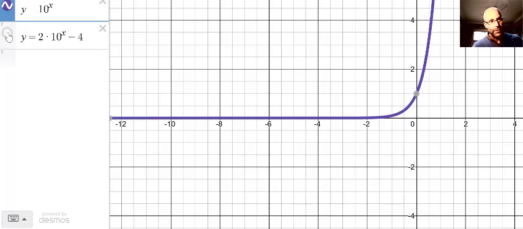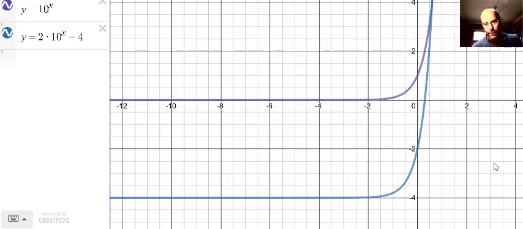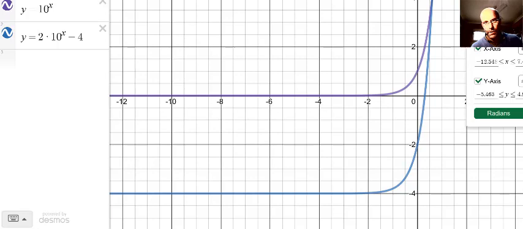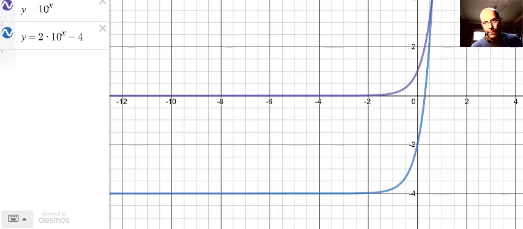So if we move it down, that behavior as x approaches negative infinity becomes, as you can see down the bottom of the screen, y approaches -4. So it doesn't actually hit that -4, but it approaches it more and more and more. That's that asymptotic behavior we've looked at in a previous video.